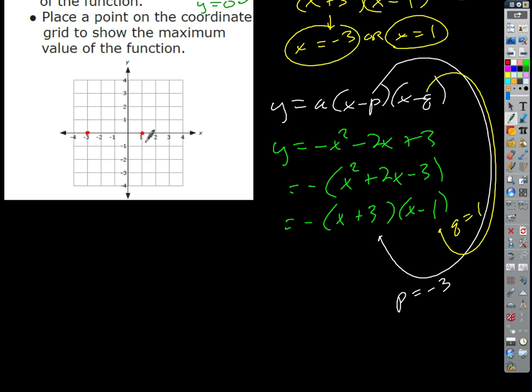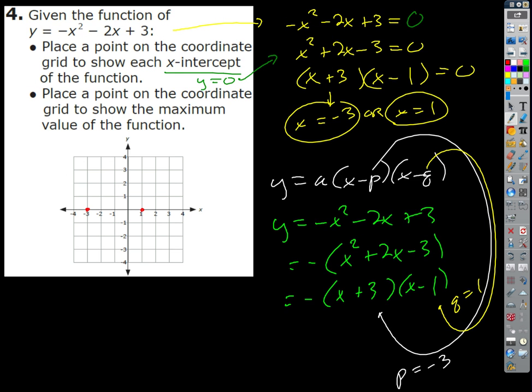And then it wants us to place a point on the coordinate grid to show the maximum value of the function. The maximum value has to occur at the vertex. This is a function where a is negative, so it's opening down. What's the value of h based on the graph? Not 3. These are p and q.